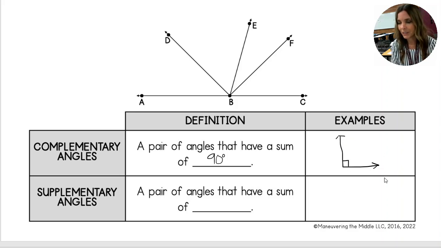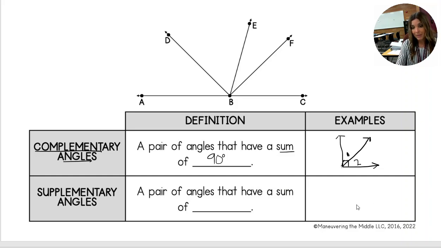So the measure of this is 90, and then I want you to draw a line where you cut that right angle into 2 different angles. So angle 1 and angle 2 are going to add together to be 90. That's what complementary means. It means their 2 angle measures have a sum of 90.